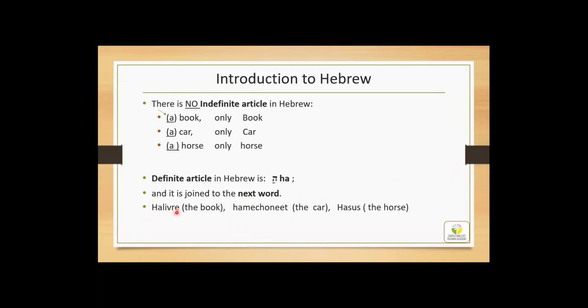So the book, ha livre, ha mechoniet, the car, ha soos, the horse. Okay, you got that, all of you? Ha livre, ha mechoniet, ha soos.